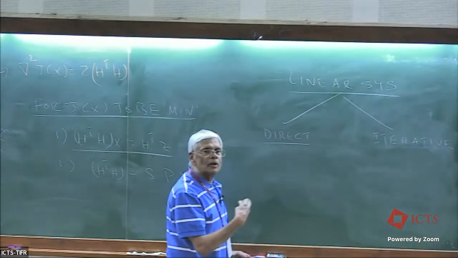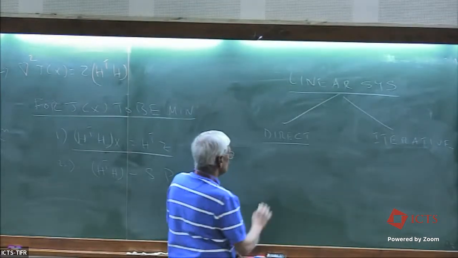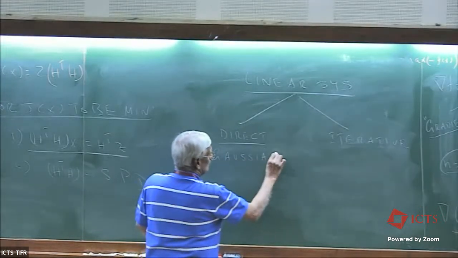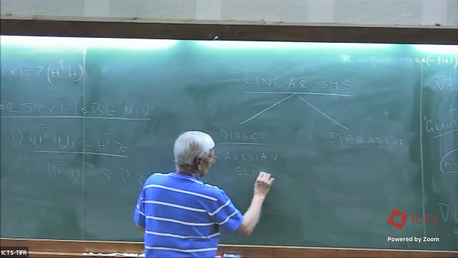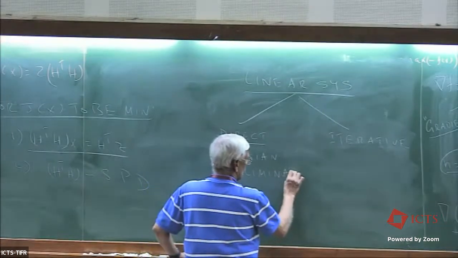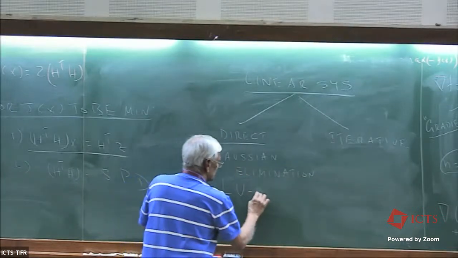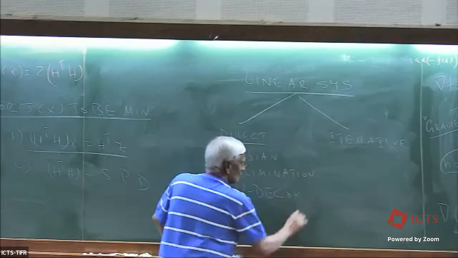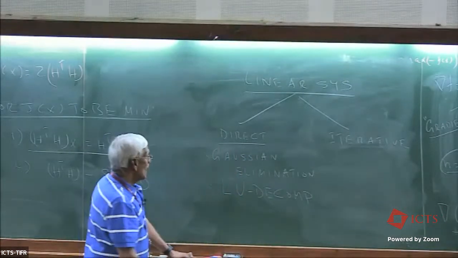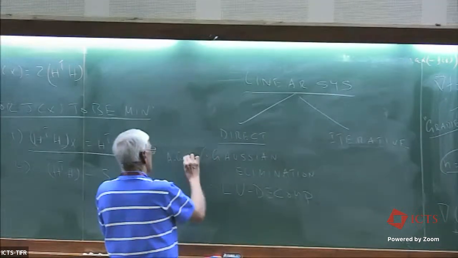The mother of all techniques in solving linear systems is Gaussian elimination, and that also goes by the name LU decomposition. And this Gaussian elimination is for a general A, a general matrix.